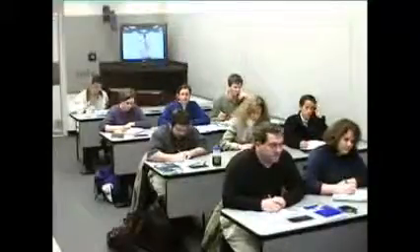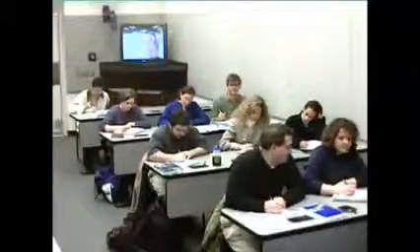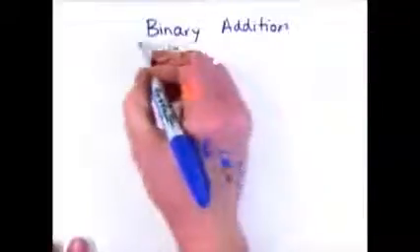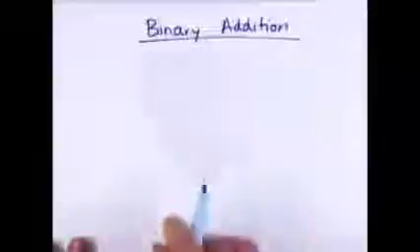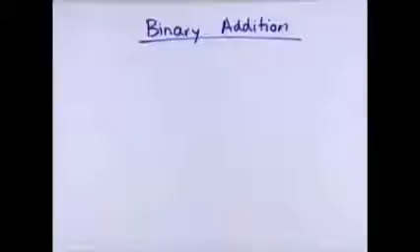So let's try binary addition. Let me try not to confuse you. We've been talking about ORs as pluses, but now I'm going to talk about addition like real arithmetic.